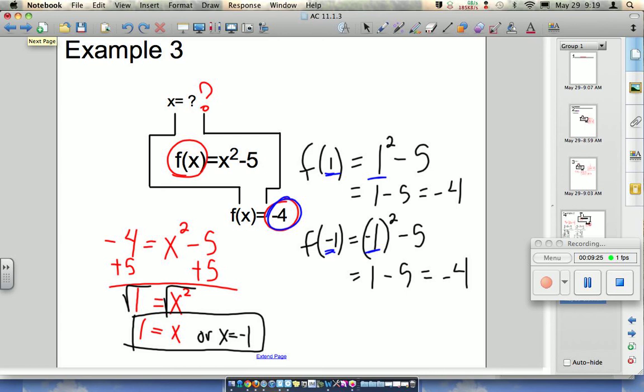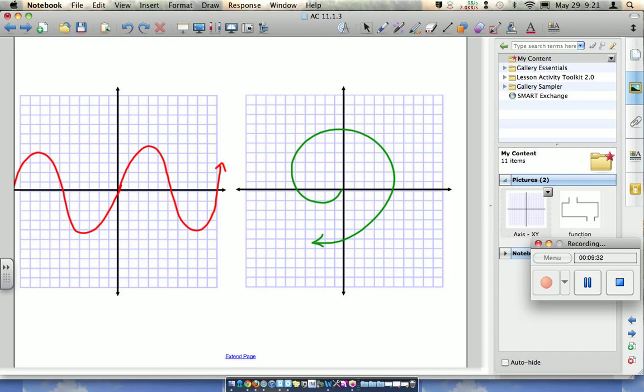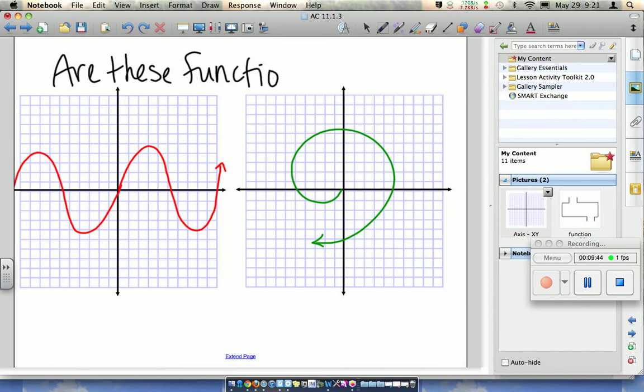Now there's one more example that I want to talk about, and it's how do we decide if a graph is a function? So we have these two graphs, and here's the question. Are these functions? That's our big question here. So we have to ask ourselves how to decide that.